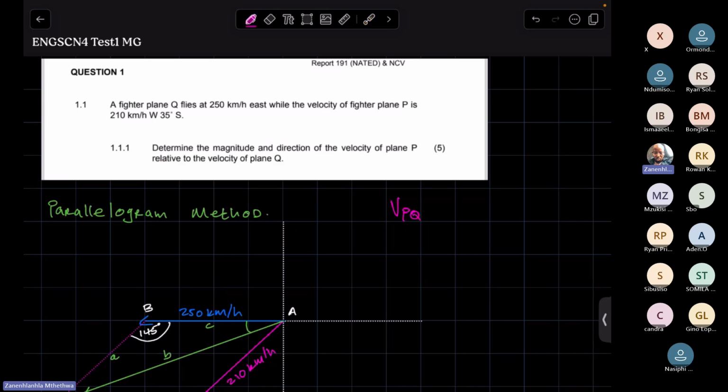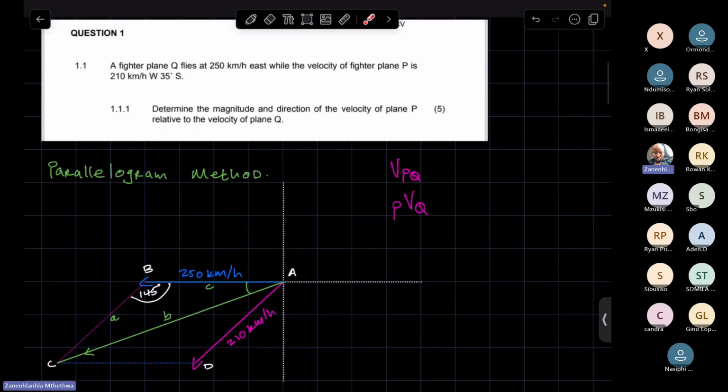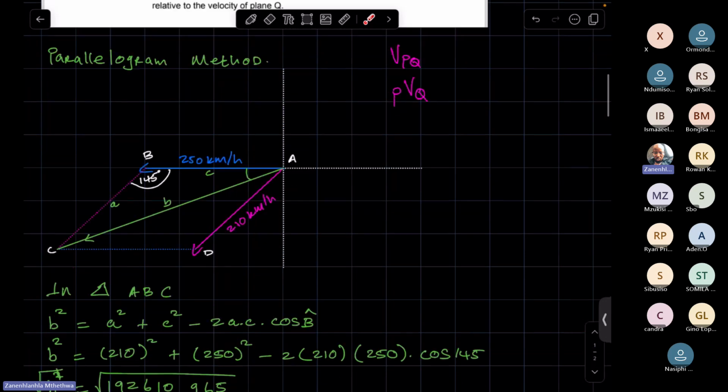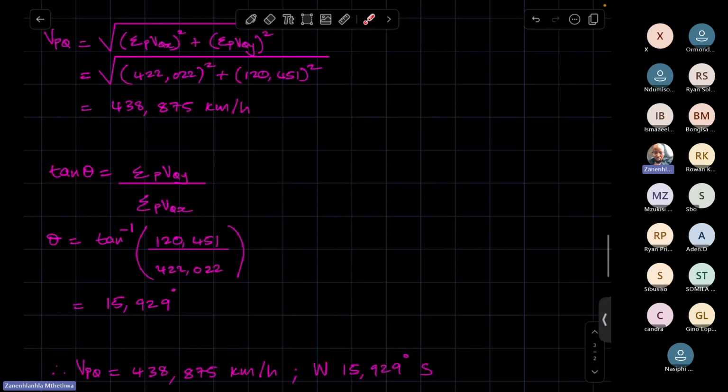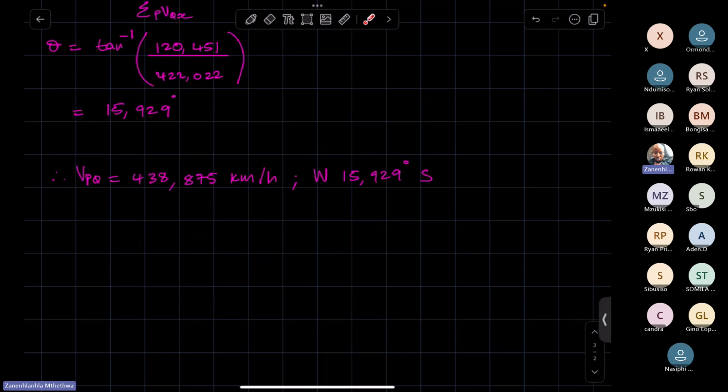Even if you write it like this, P, V, Q, between the two letters, this is the first, making this the object, and the second letter, the frame of reference. That's clear, sir. Thanks. Any more questions? No more questions.